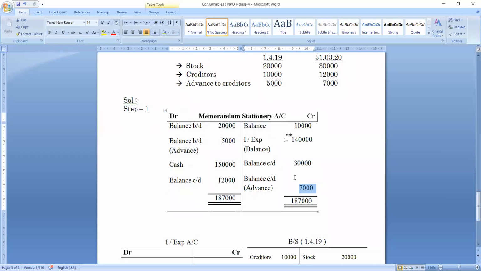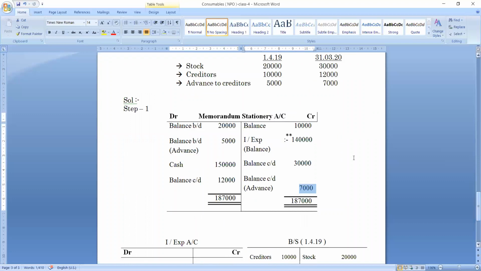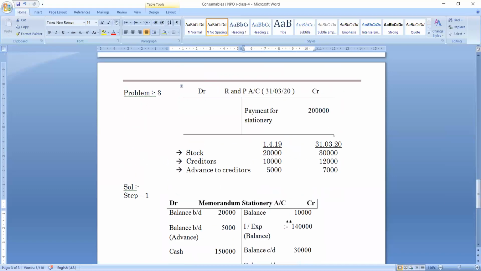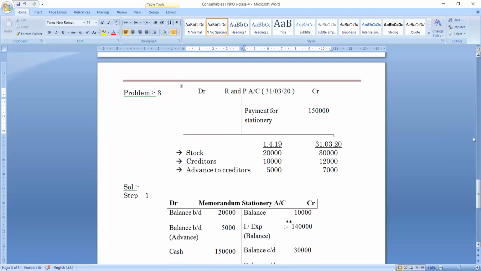Now, that cash from where, sir? The payment for stationery, it is written wrong here. You change it to 1,50,000.